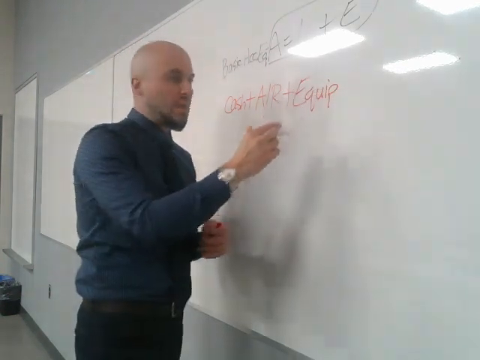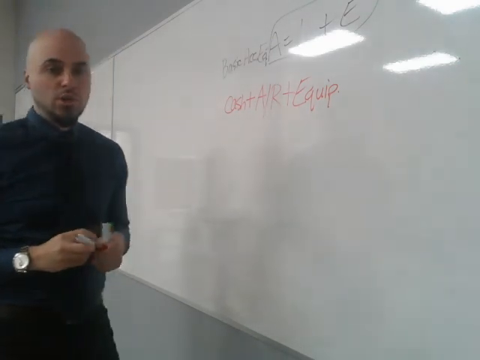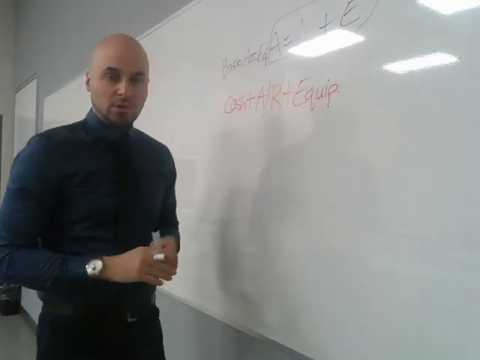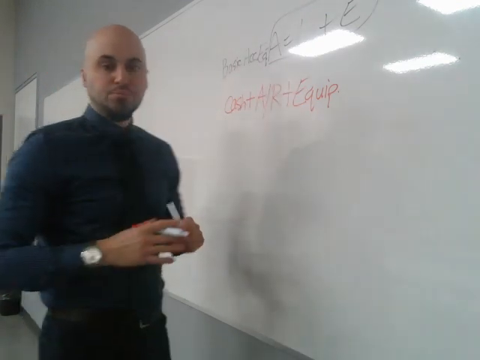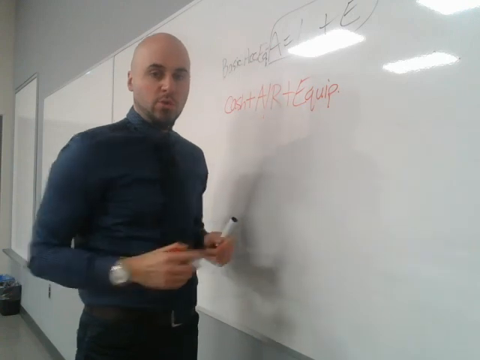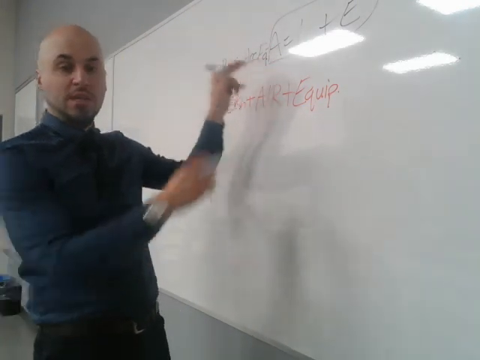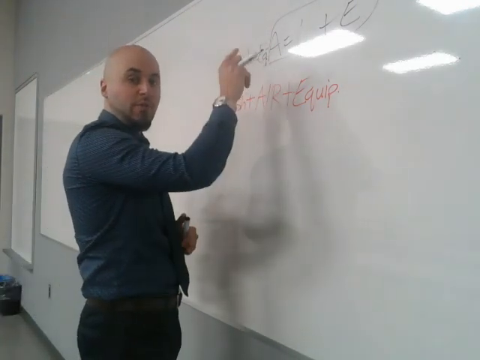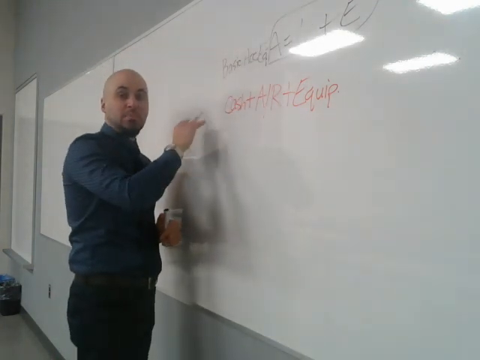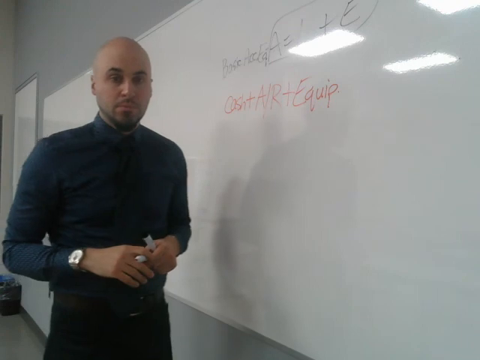Okay, these are generally the accounts that are used in the expanded equation. You could detail it more if you want, building, vehicle. You get the point though, right? These are the three that are generally used. Cash, accounts receivable, and equipment have expanded the asset portion of the basic accounting equation. And again, this is the expanded accounting equation.